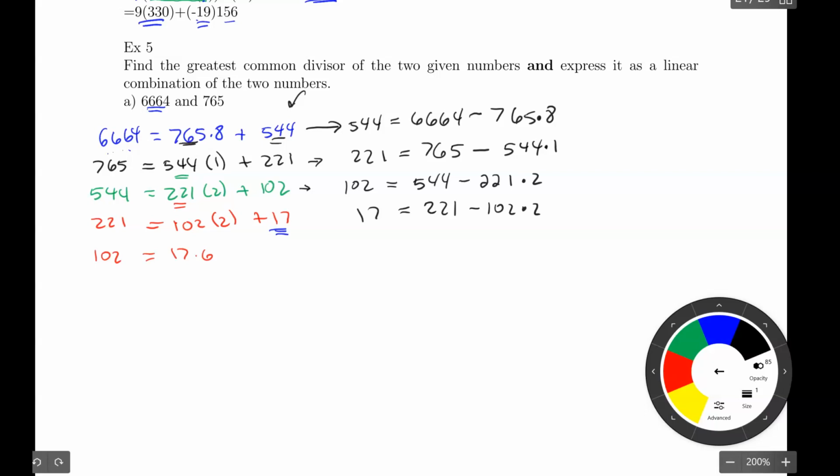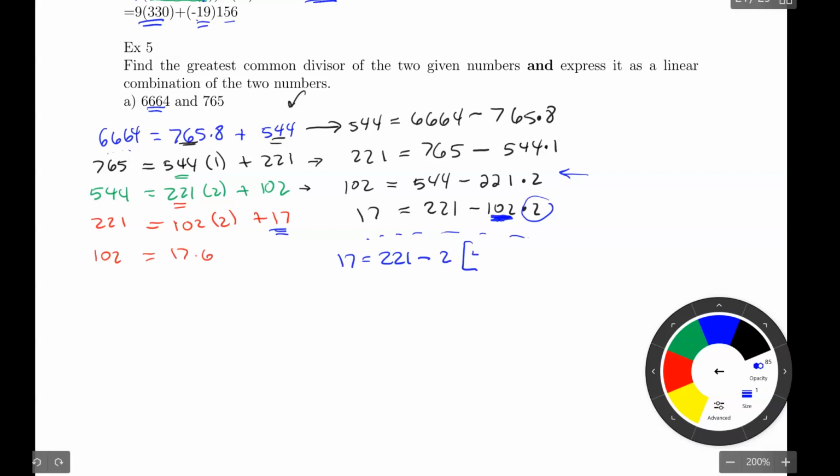Okay, so this is the line right here that I want to start with. So I want to take and replace the smaller number. I want to take this number out, right? So I have 17, carry along the 221, minus, and so this 2 here, I'm going to put here, and I'm going to replace what 102 is from the line above it.